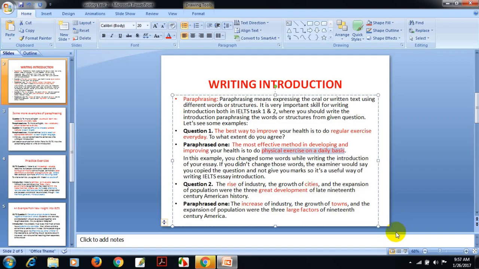Such kinds of changes are necessary while making your introduction. Now if you copy this into your introduction, what happens? The examiner says you copied from the question, so that does not come into the word count.